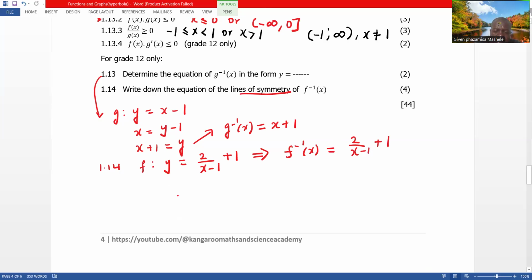Remember, reflection about the line, x becomes y and y becomes x. So we make y the subject.